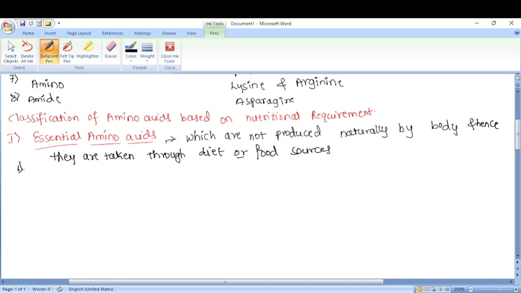Essential amino acids are: one, leucine. Second one, isoleucine.